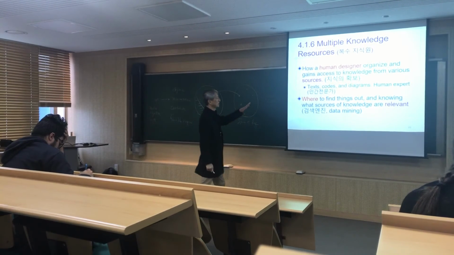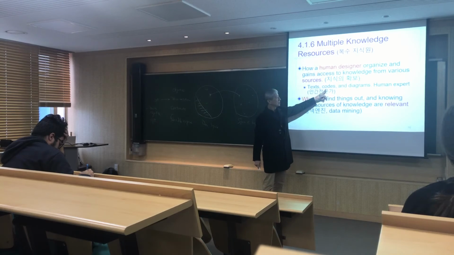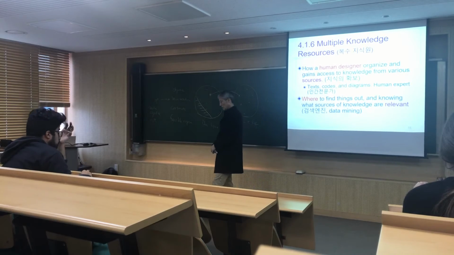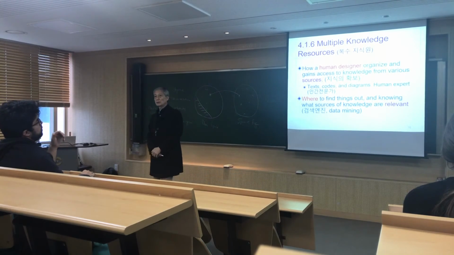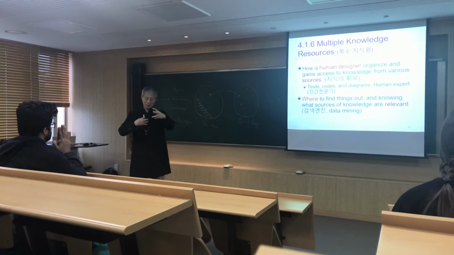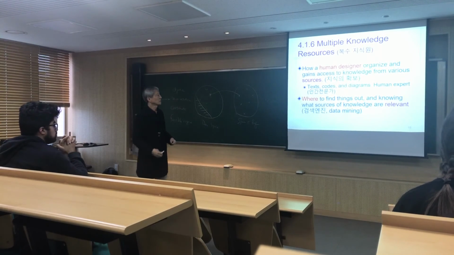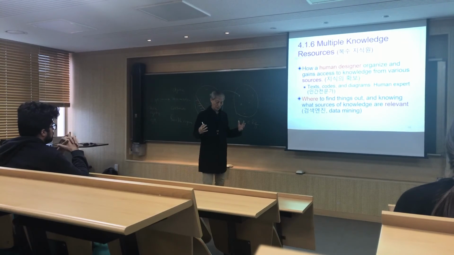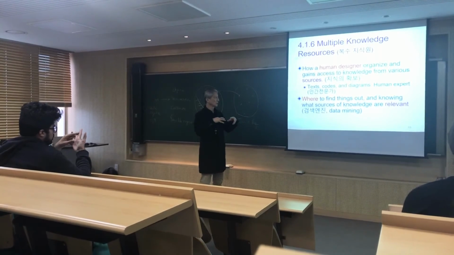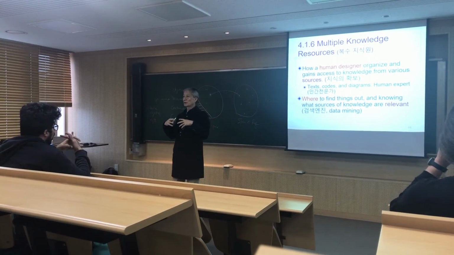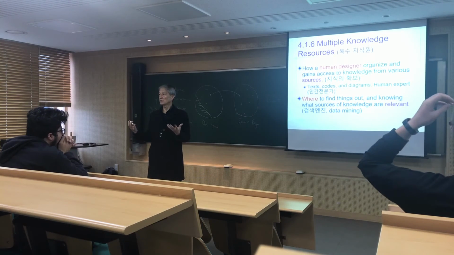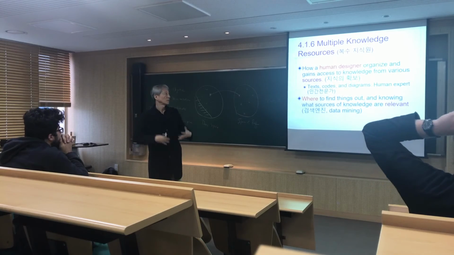Something like text, code meaning the regulations, diagrams which can be drawings, and also you consult human experts, experienced humans, gathering all the knowledge from different resources. Then the problem comes with how to mix these different types of knowledge together. Humans can do it, but computers can have difficulty in handling such heterogeneous types of knowledge.